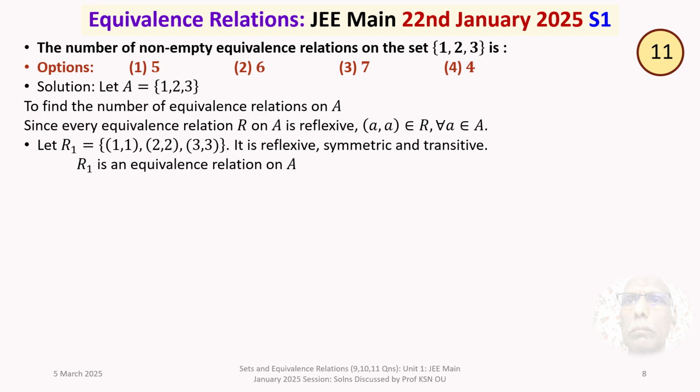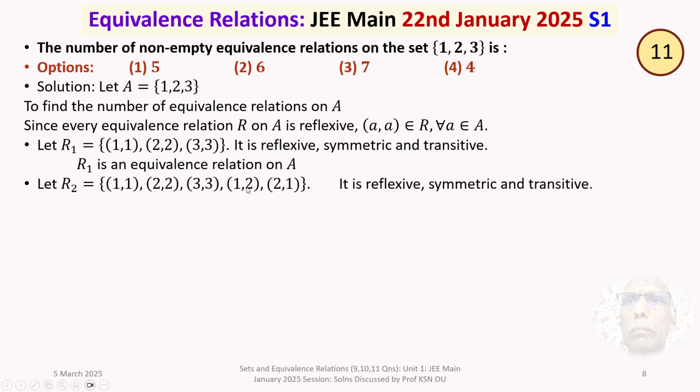As we did in the earlier question, to this R1 we adjoin some elements so that it remains an equivalence relation. Now let R2 be R1 with the element (1,2) adjoined. Because we adjoined (1,2), we want symmetry, so (2,1) will also be adjoined.